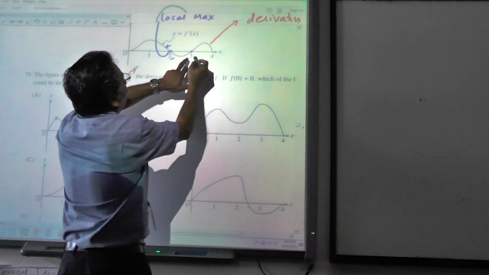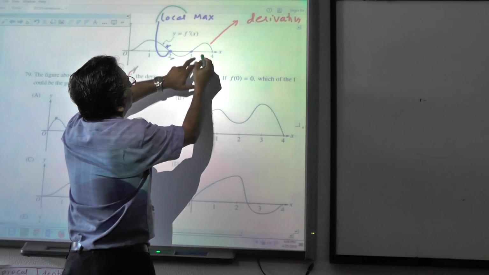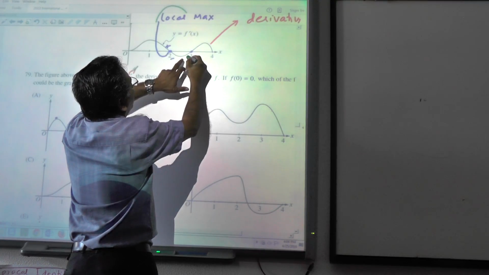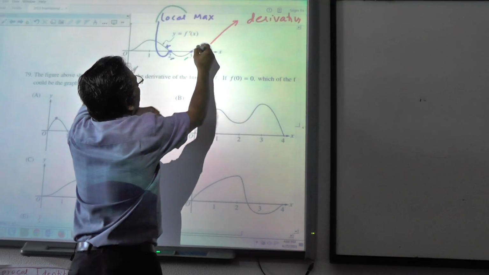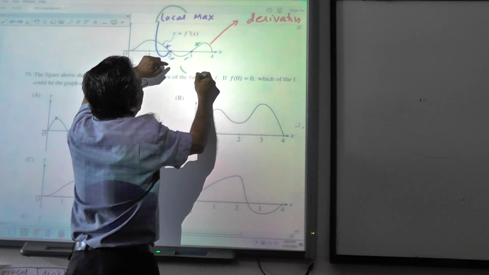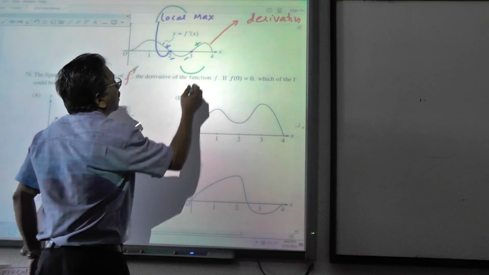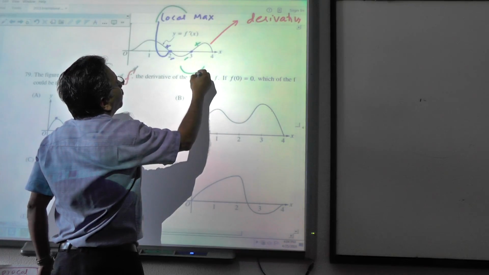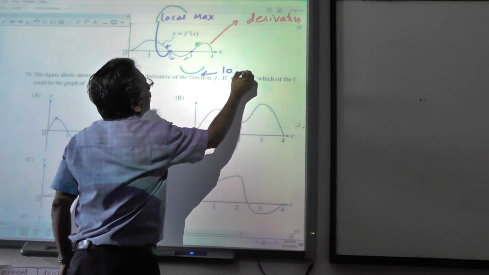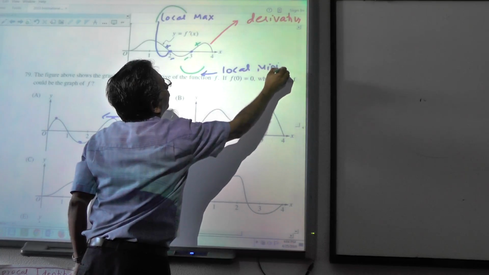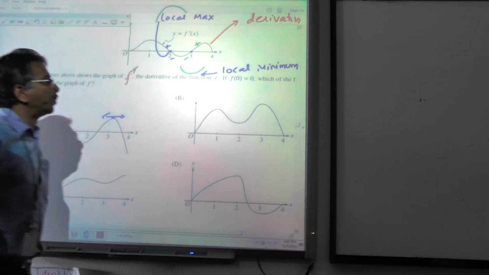Now, when you near 3, below 3 is minus and above 3 is plus. So that means something like this. So that means here, this is a local minimum. Okay.